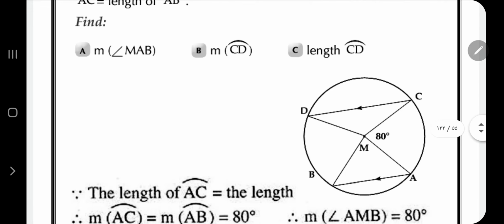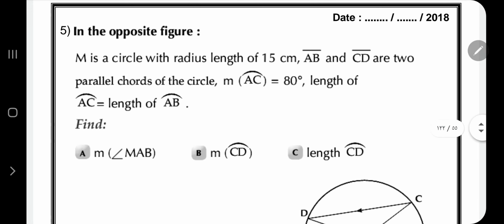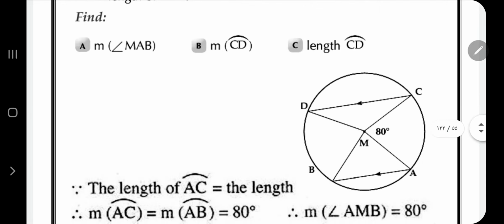By the same way, he told me that length of AC equals length of AB, and measure of arc AC equals 80. This arc equals this arc, this 80, it will be 80, 80, 80. The last one is 360 minus 80 plus 80 plus 80, which is equal to 120.